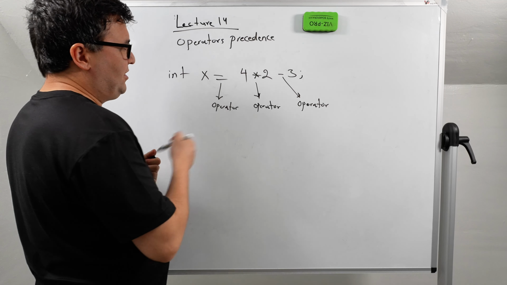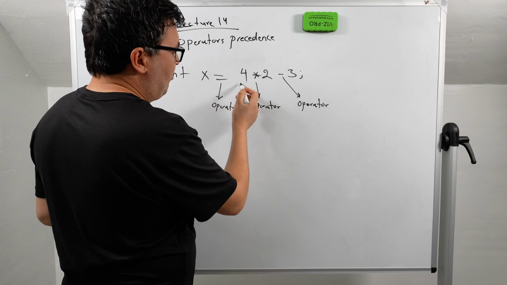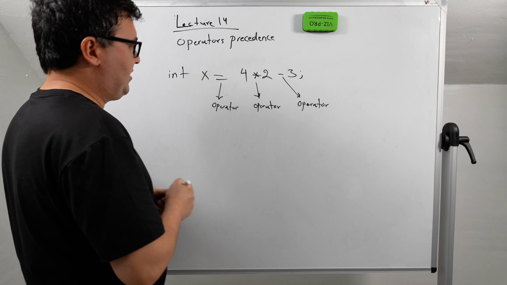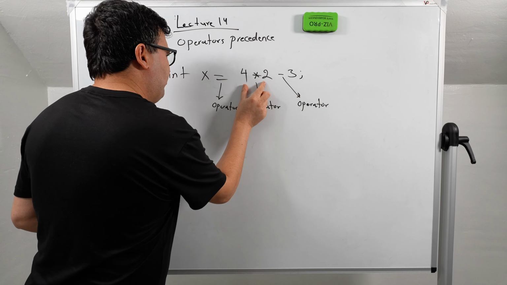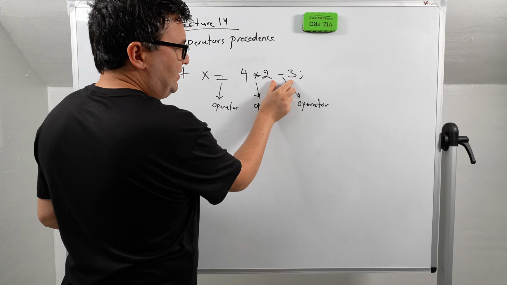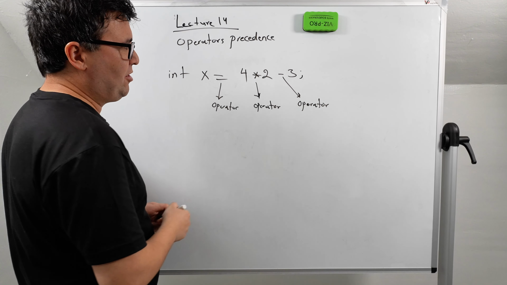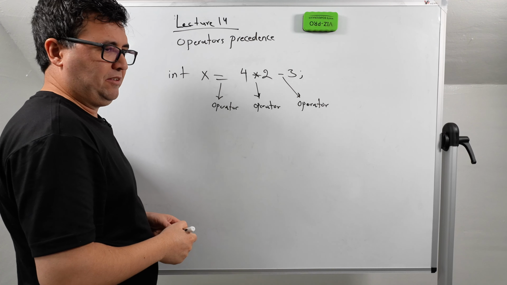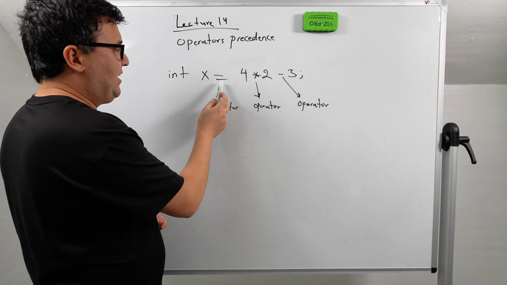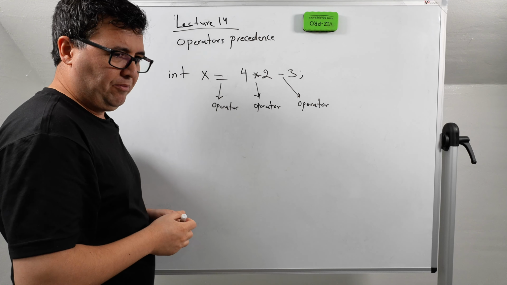In this case, C++ follows the order of operations. The multiplication should be performed first, then the subtraction performed second. So first the multiplication, then subtraction, and at the end the assignment operator.